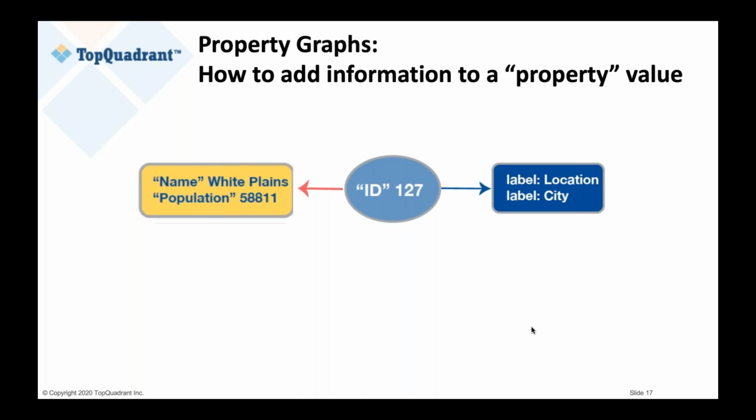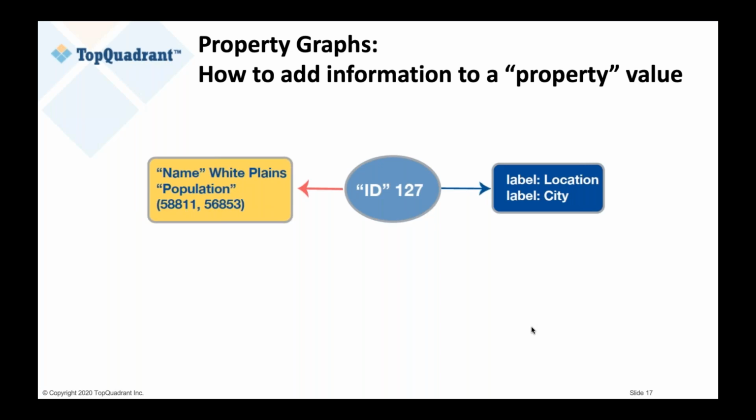Here we have a city, and we have a population for the city. In principle, you can have multiple populations because city population changes over time. The way you do this in a property graph, with a property as a key-value pair, is to store multiple values as an array.